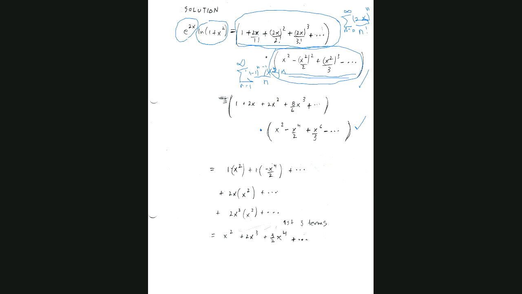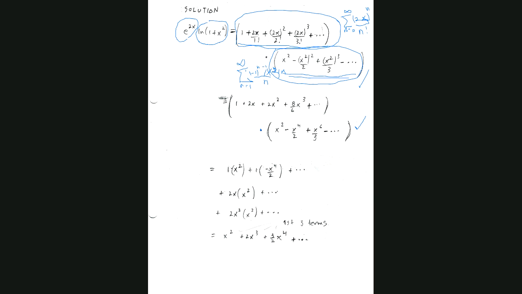Okay, all right. Josiah says, on that step, should there be a 2 times x squared over 2 in the first parentheses? Good question.